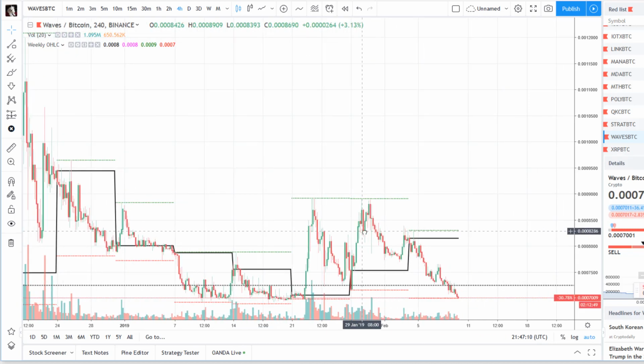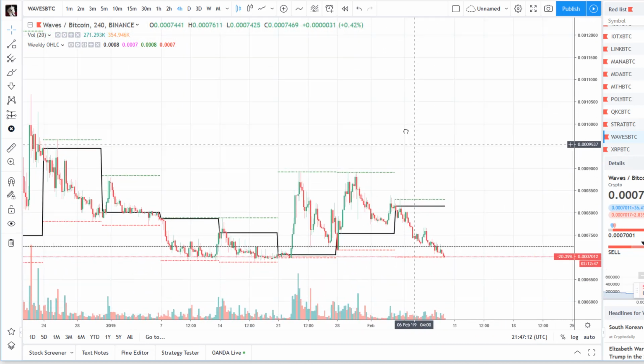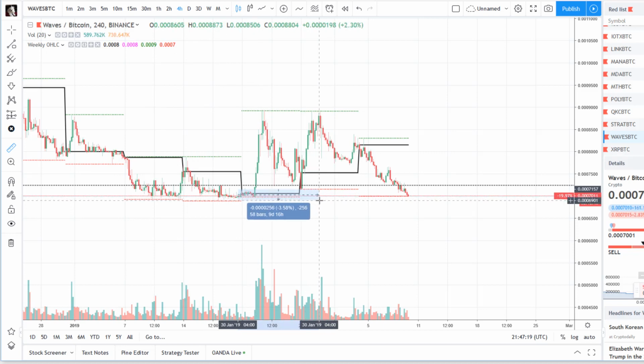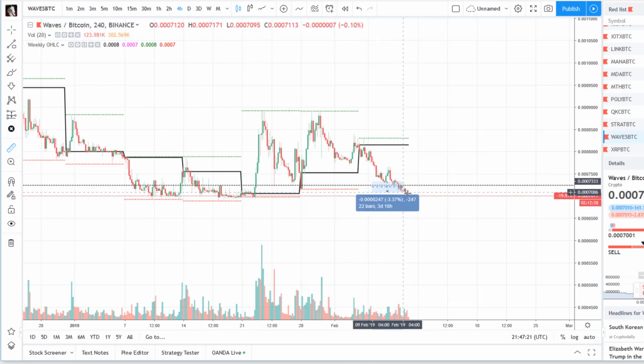And now as it's retracing right now, it's approaching these lows, which is real close to this open here. And we see that there was a little bit of slowdown right around this open. We see a green candle, some rejection and everything else.